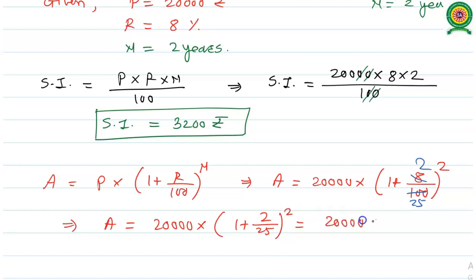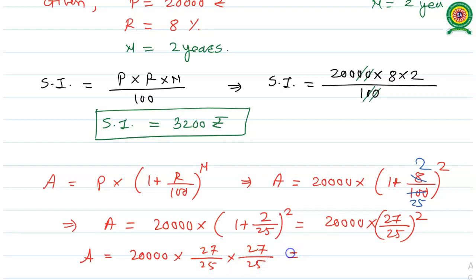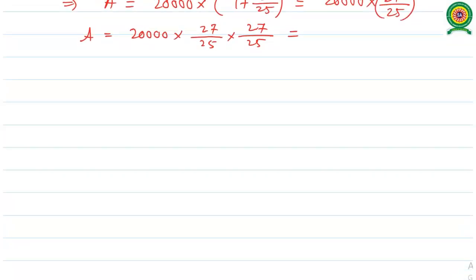So now we have 20,000 into, making cross multiplication in the bracket, 25 ones are 25 plus 2 is 27 divided by 25, the whole square. The whole square means multiplying itself 2 times, so we get 27 divided by 25 into 27 divided by 25. Well known here, 25 ones are 25 and 25 8s are 200.